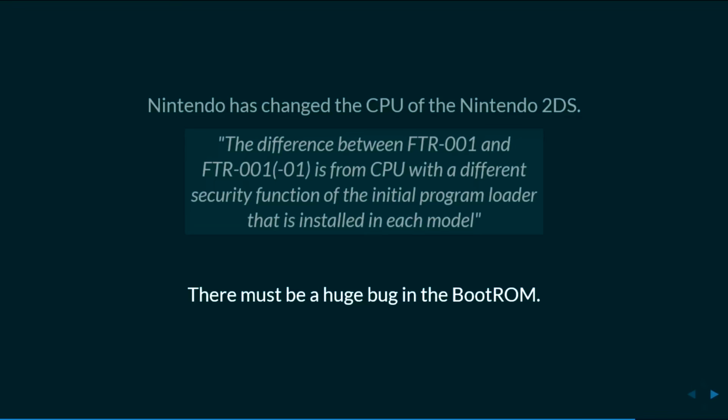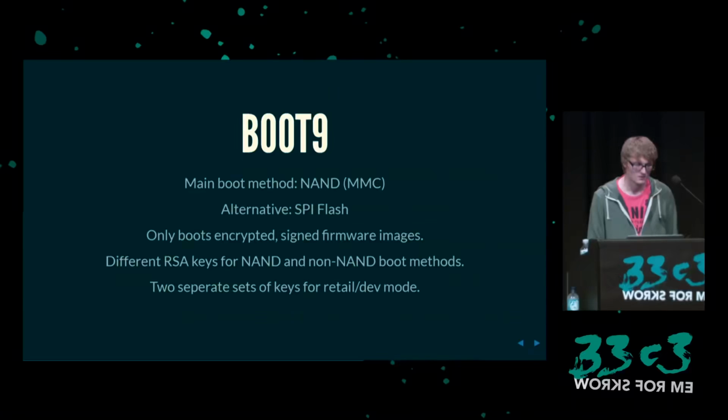So let's look at the boot ROM. There are some boot methods. You can boot from NAND, that's what it normally does, but alternatively, you can also boot from SPI flash, which is a Wi-Fi flash, and it will only boot firmware images that are signed and encrypted.